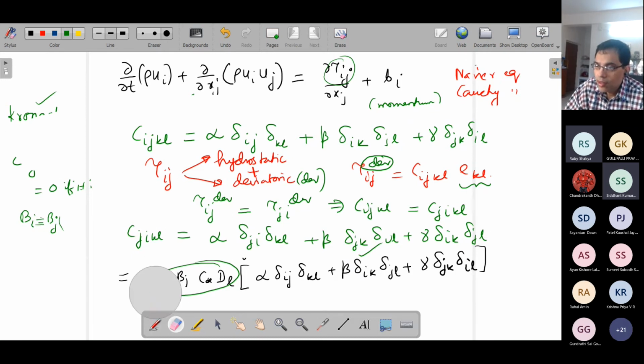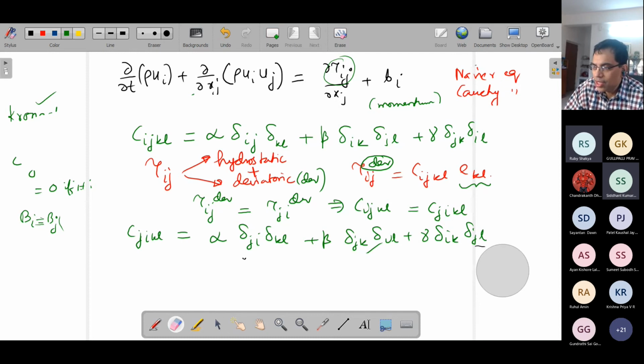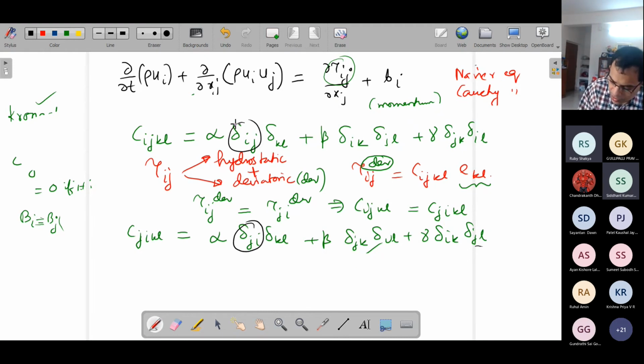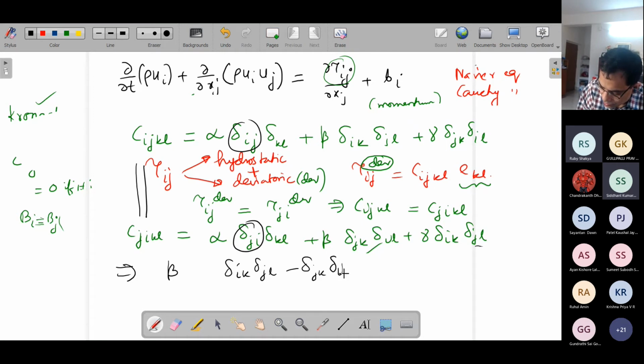Now if we apply this Cijkl equal to Cjikl, what we have to understand is that delta ij and delta ji are the same. These are all symmetric tensors. So if they are equal, then that leads to you can write beta into delta ik delta jl minus delta jk delta il.